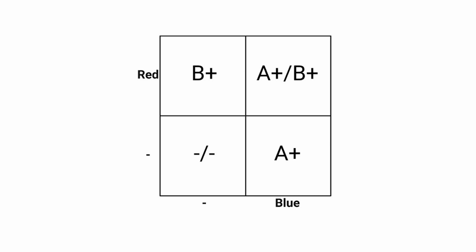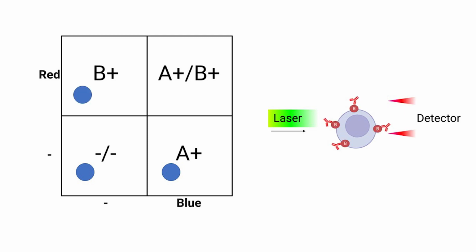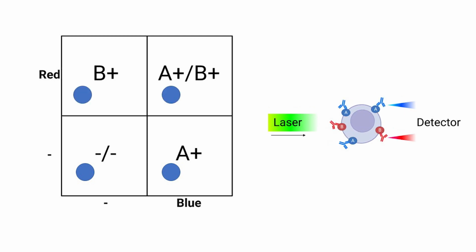If we visualize our 4 categories in a 2x2 matrix by applying again a dot for each individual labeled cell into each quadrant, we will have lymphocytes that express neither protein A or B in the bottom left, lymphocytes that express protein A on the bottom right, those that express protein B on the top left, and those that express both on the top right. And we will end up with something like this.